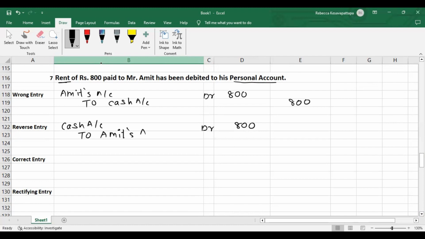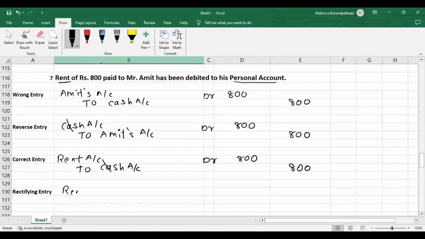Reverse entry will be cash account debit 800 to Amit's account, 800. What should have been the correct entry? Rent was being paid, so rent account should have been debited, debit all expenses and losses. Rent account debit to cash account with the amount of 800 and 800. Cash in debit, cash in credit, which can cut.